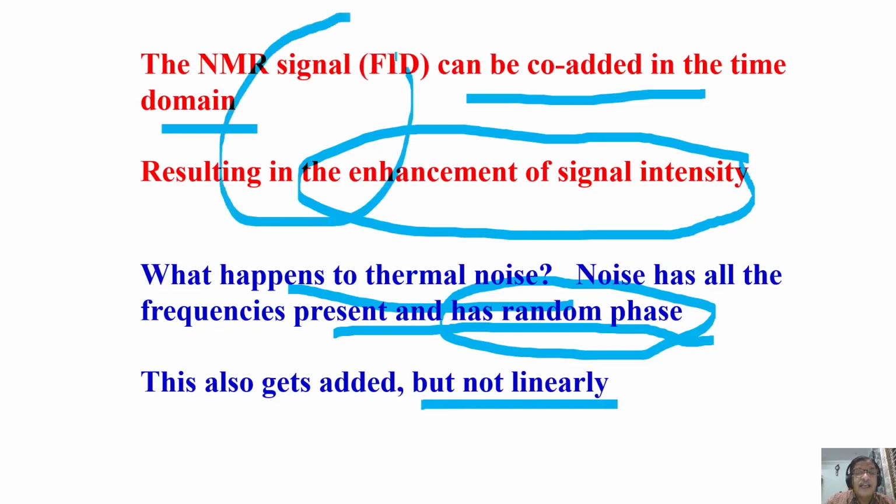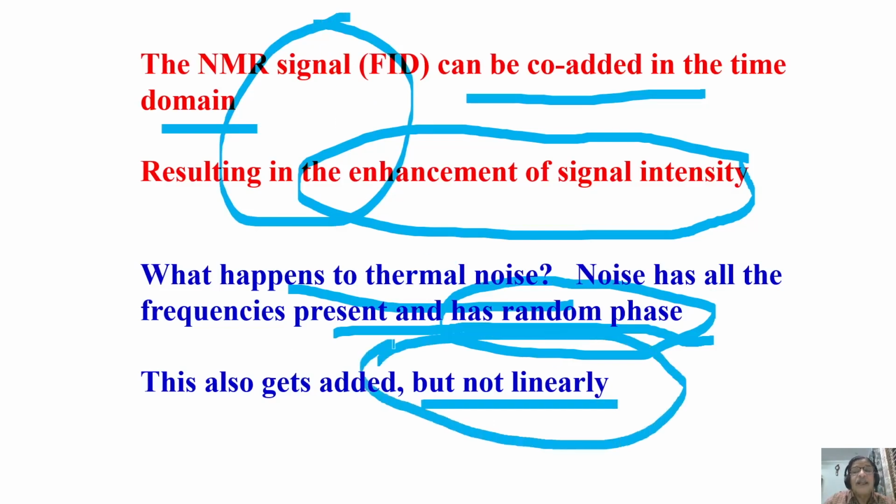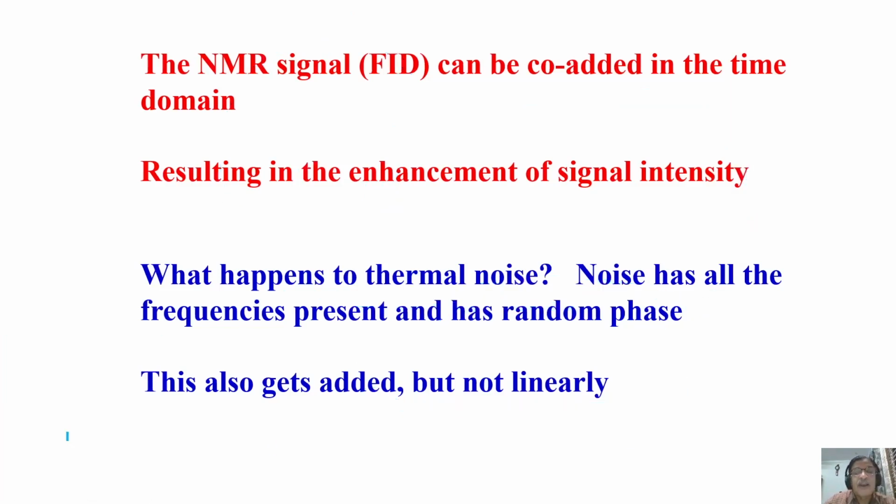Free induction decay, the peaks from the sample which are in phase, they get added up linearly, but noise will not get added up linearly. So as a consequence, after you keep on acquiring for a long duration, because it's a random phase, when you take the average, this noise keeps on reducing.